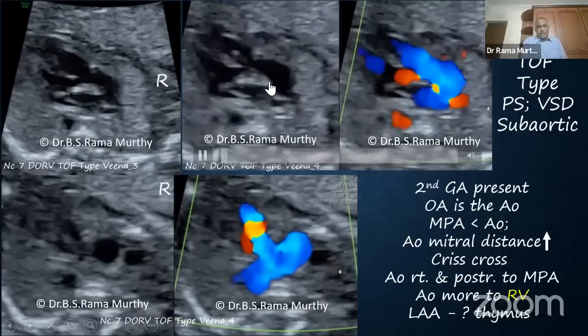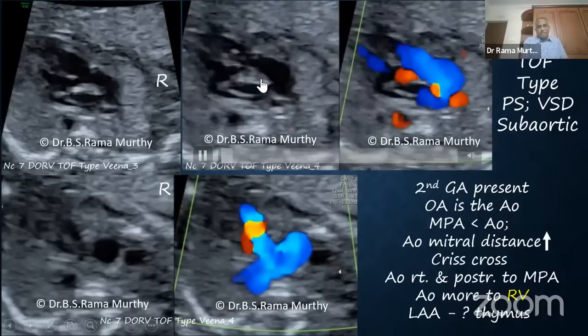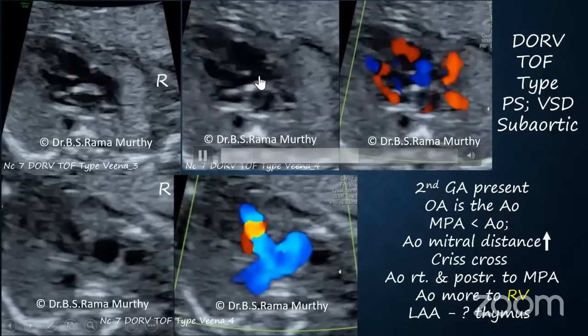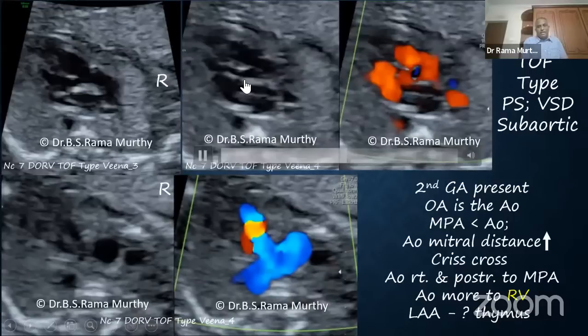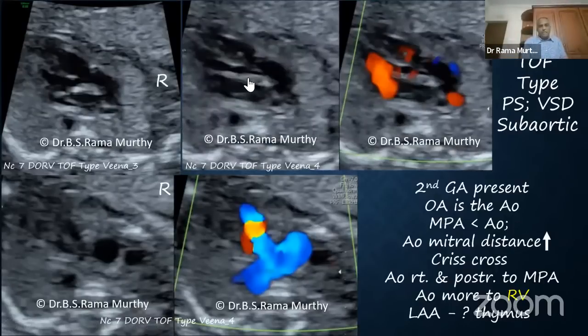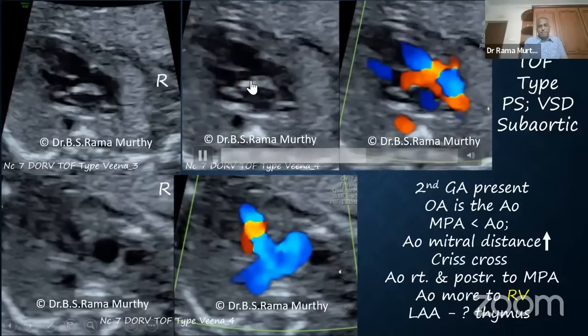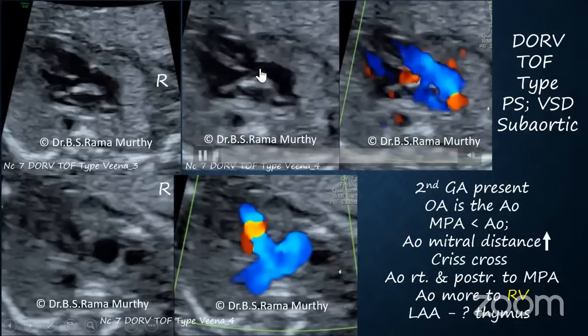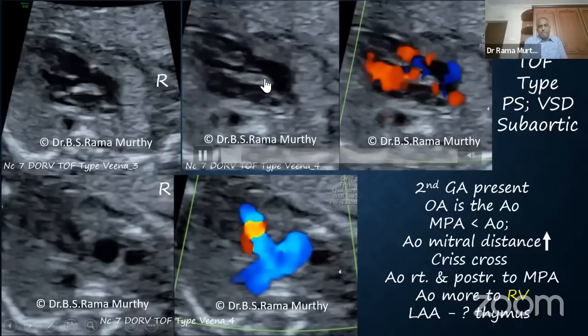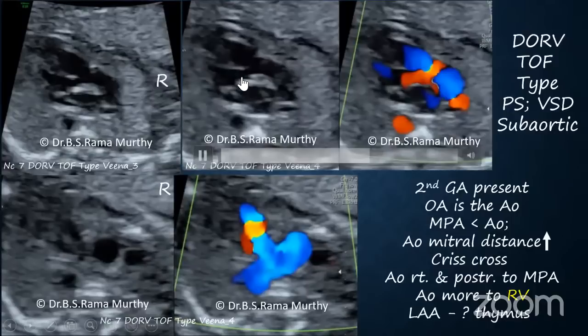And why I brought this clip back is I want you to see the distance between the aortic valve and the mitral valve. Normally, the aortic valve and the mitral valve annulus is one continuous fibrous ring, whereas in DORV, there is an increased aorto-mitral distance, between the attachment of the semilunar valve, the aortic valve, and the hinge point of the mitral valve.